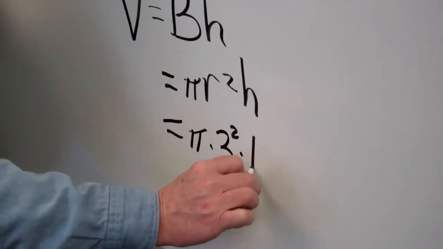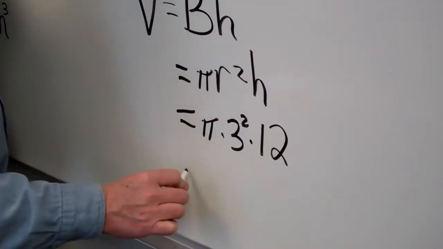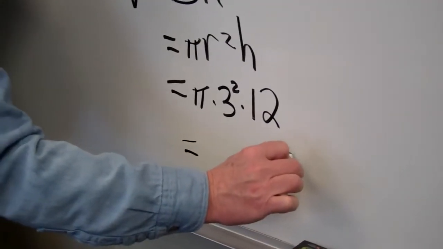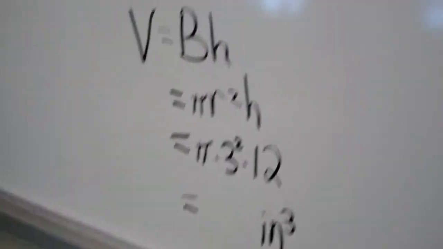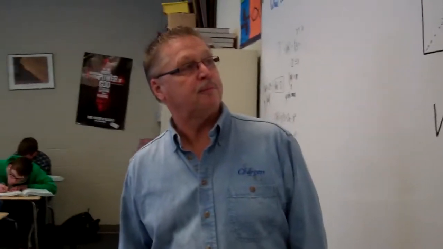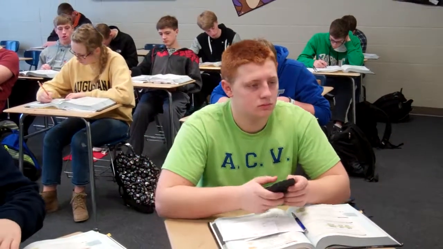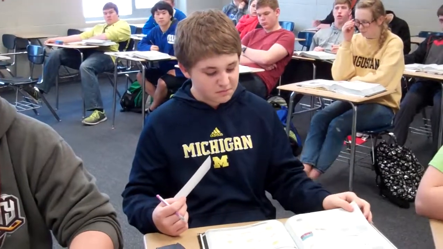12? Yep. And you guys are saying inches cubed again? Yes. All right. I think this is an actual problem, like number 1 or 2 or something, so we might be interested in knowing the answer, Luke. Do you want it in terms of pi?